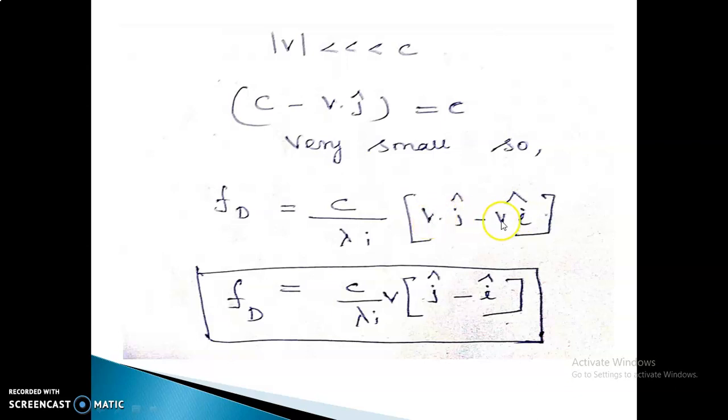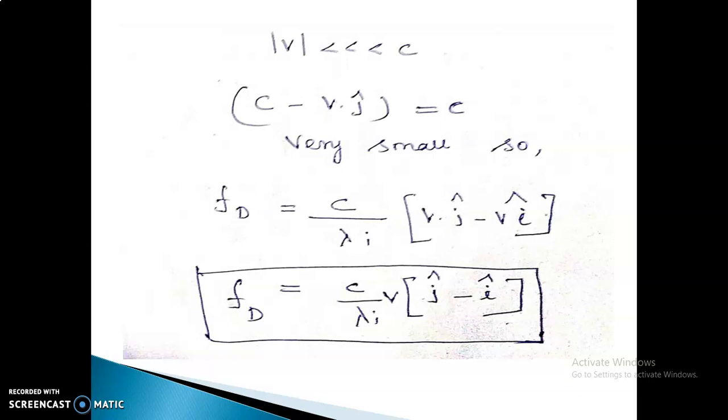If you take out that V, you will have J cap minus I cap. So the frequency shift has been calculated using this Doppler shift phenomenon. C is the speed of light. This is the wavelength, and velocity. J and I are the unit vectors along the direction of flow.